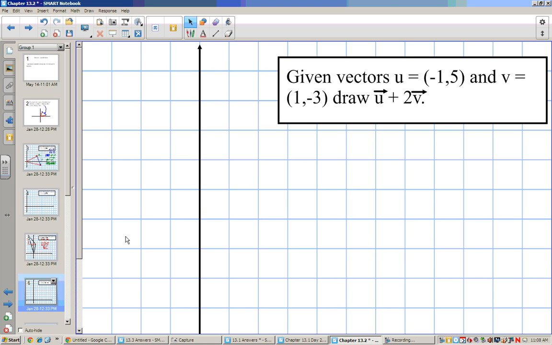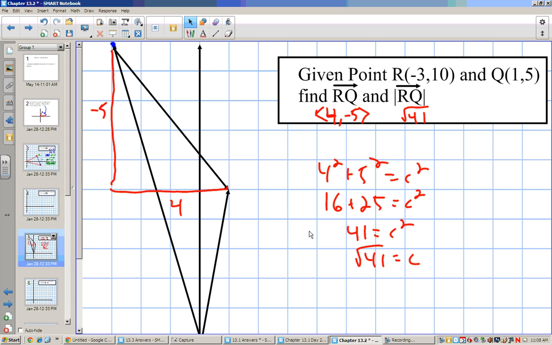Now before we move on to the next problem, let's go back and take a look at this. If I have negative 3 and 1, how do I get 4 out of that? I'm going from negative 3 to 1. Hopefully you can see if I take 1 minus negative 3, I get 4.